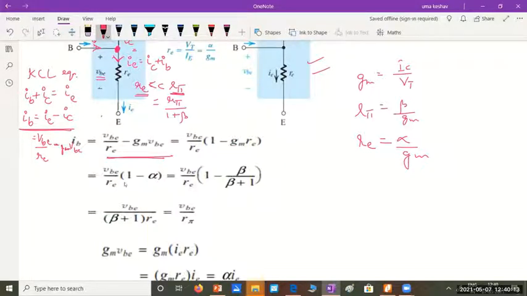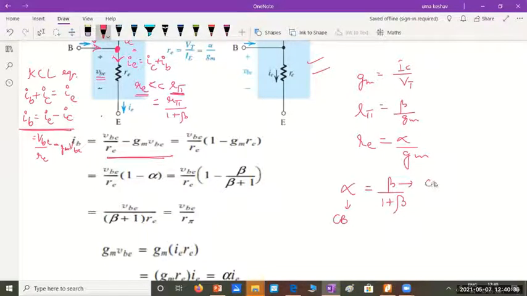So using that condition, I'll get 1 minus alpha. And how do we link alpha to beta? We know alpha can also be written as beta divided by 1 plus beta. This is the relation between alpha and beta. Alpha is the current gain in common base configuration.